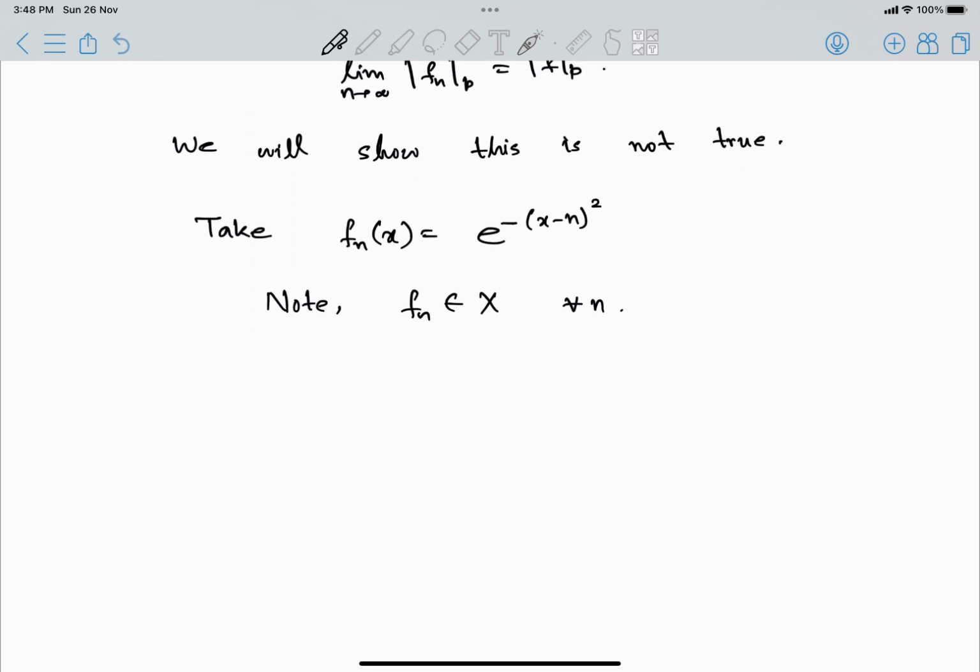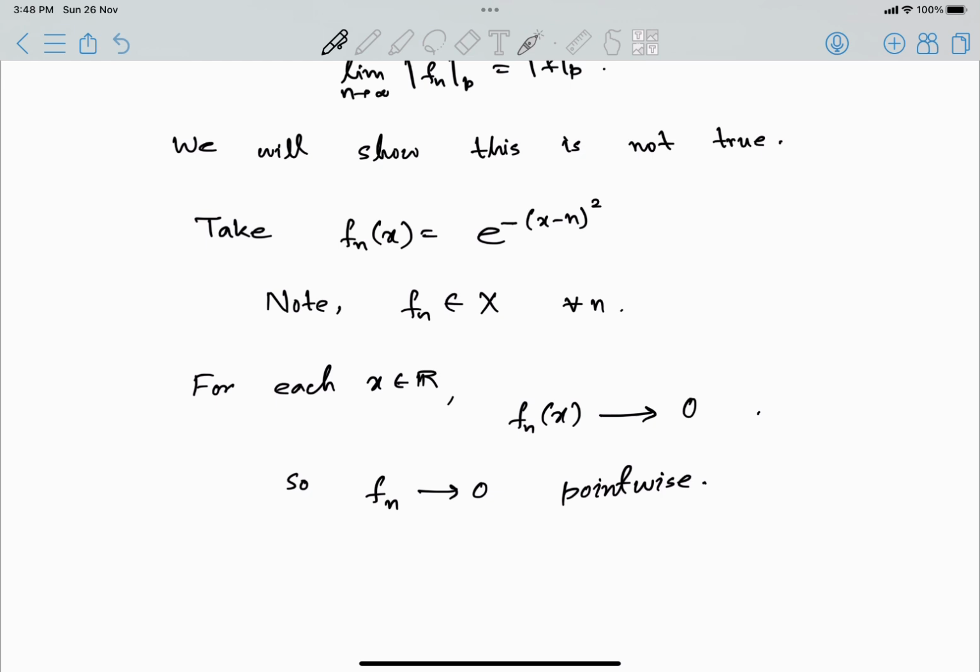This will converge pointwise: if you fix some x and take n tends to infinity, e to the power minus (x minus n) squared goes to 0. So for each x belonging to R, f_n(x) converges to 0. So f_n converges to 0 pointwise.